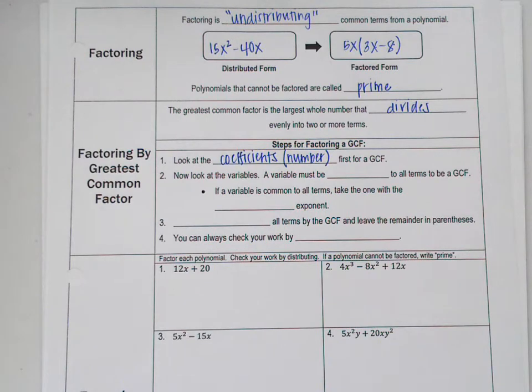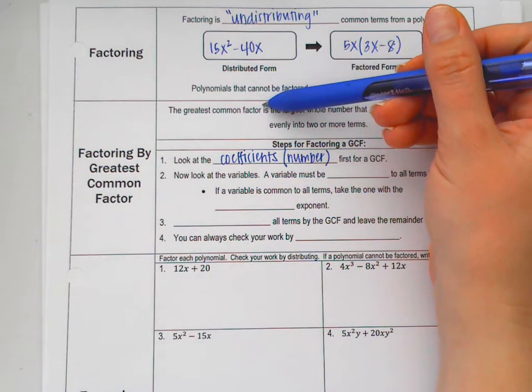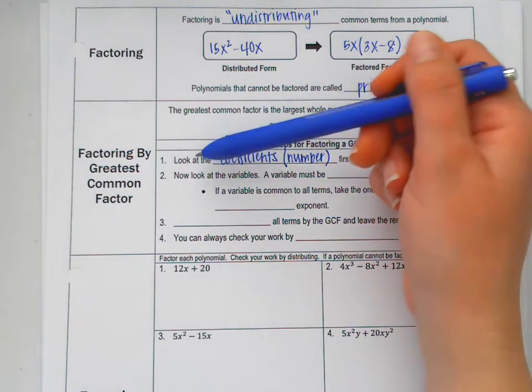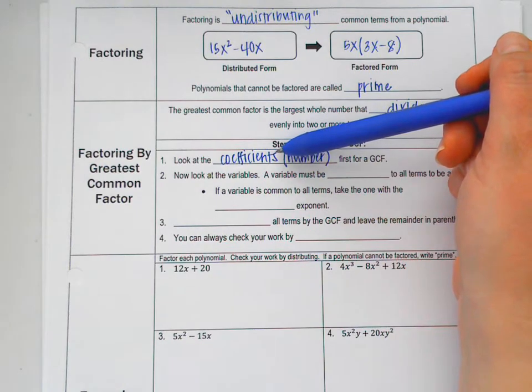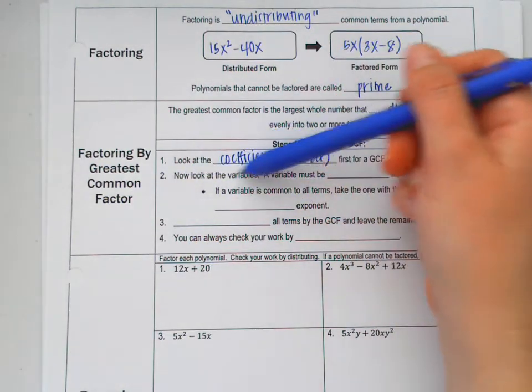After we've looked at the coefficients, or the numbers, to see if there's a GCF, or greatest common factor, in those, notice I write GCF most of the time instead of greatest common factor, just because it's easier. After you've looked at the coefficients, the numbers in each of the terms, we're then going to look at the variables.